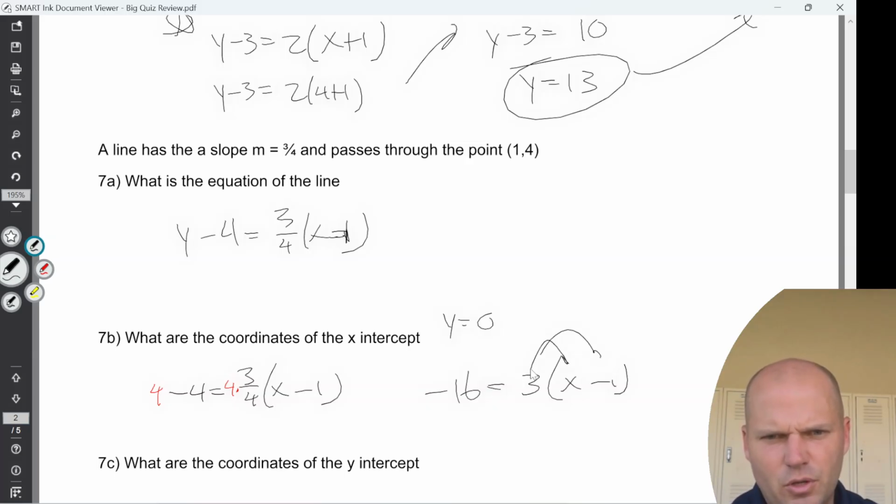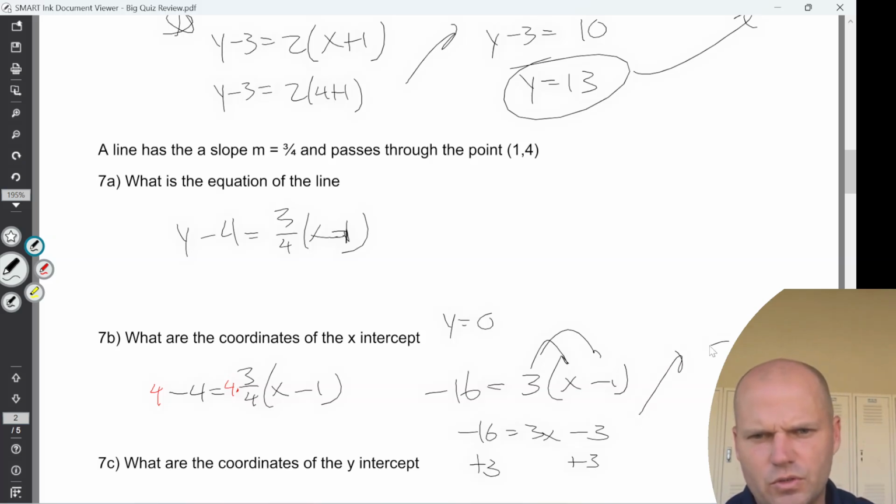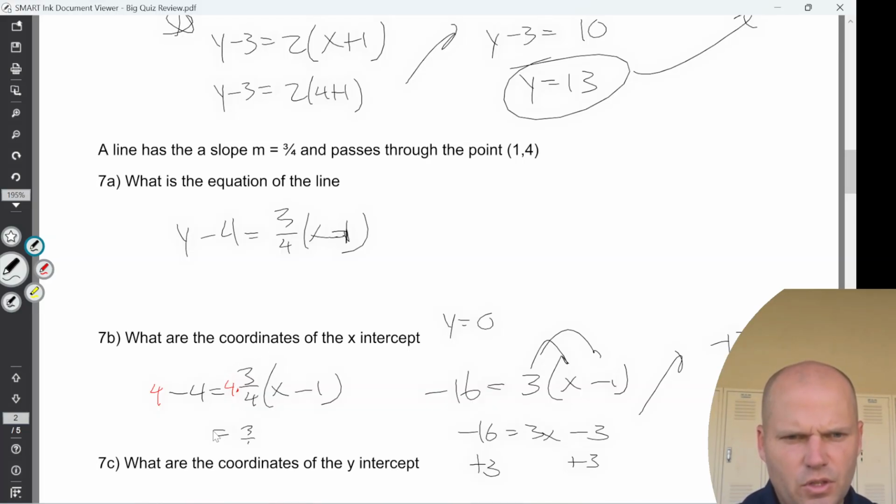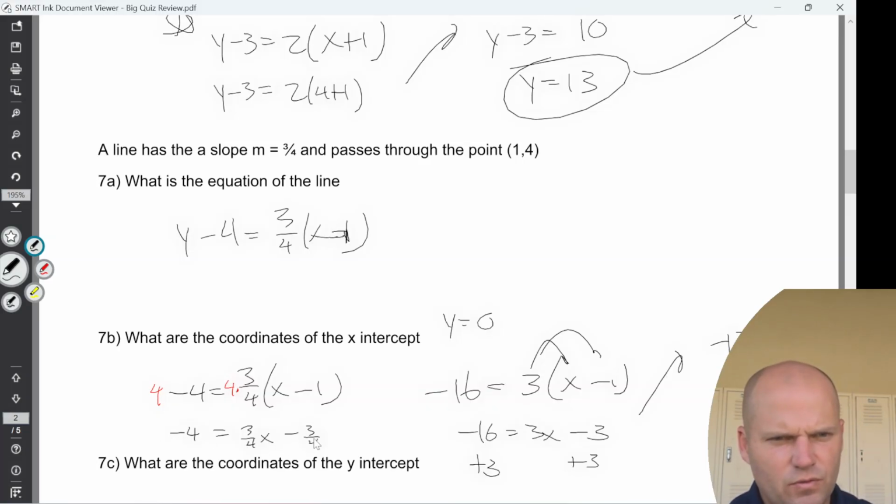Distributing the 3/4 instead would be tougher with fractions: you'd have 3/4 x minus 3/4, add 3/4, and then multiply by 4/3.